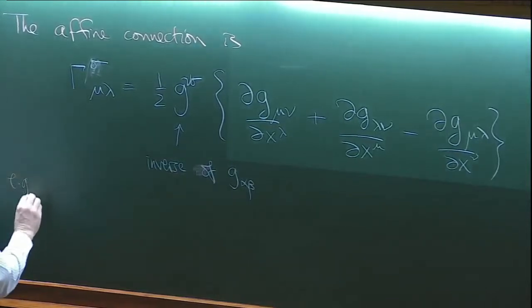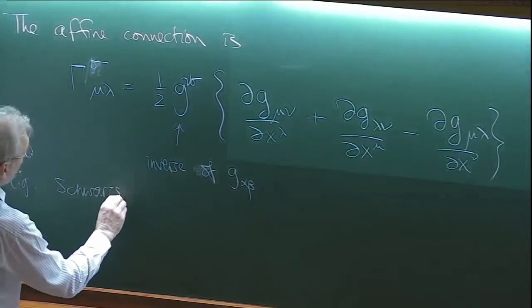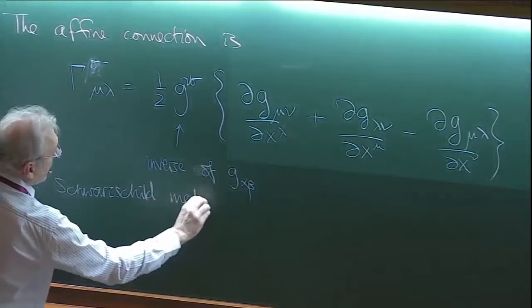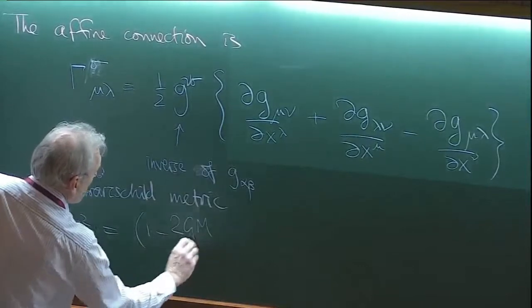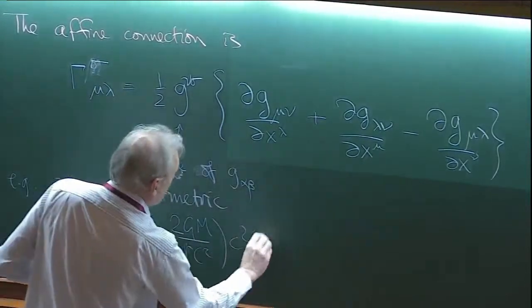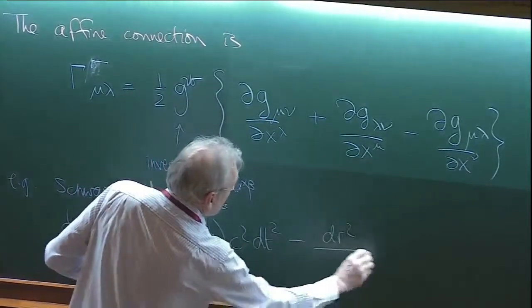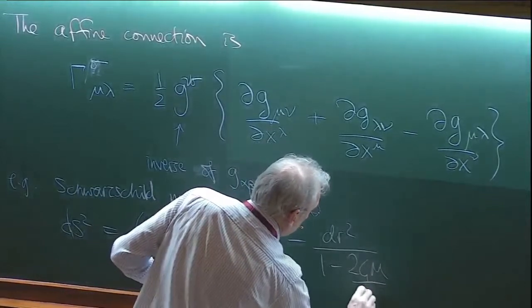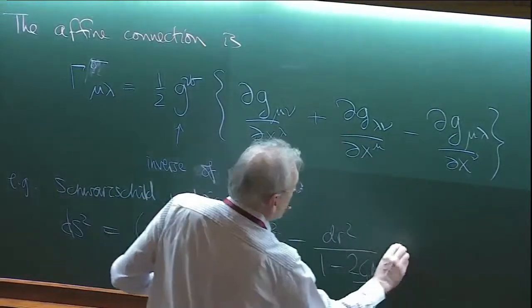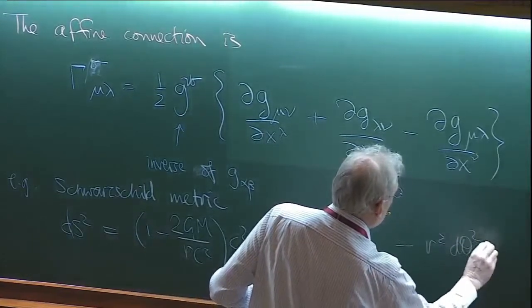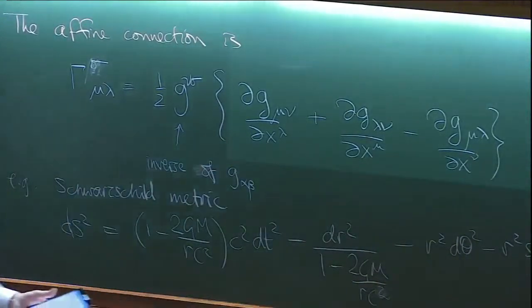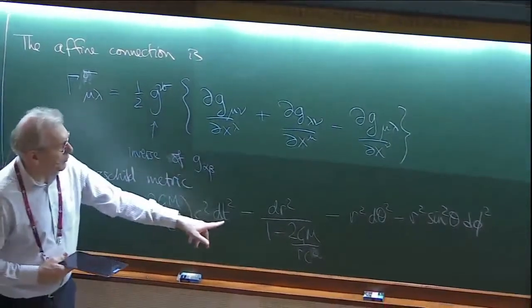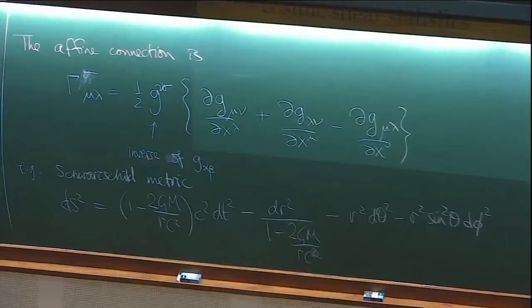So for example, if we have the Schwarzschild metric, then in the usual polar coordinates the Schwarzschild metric can be written in this form, where t is the time which would be recorded by a stationary observer at infinity.